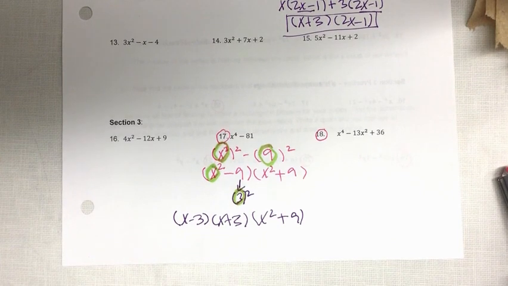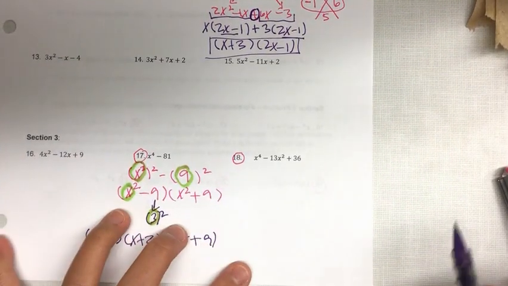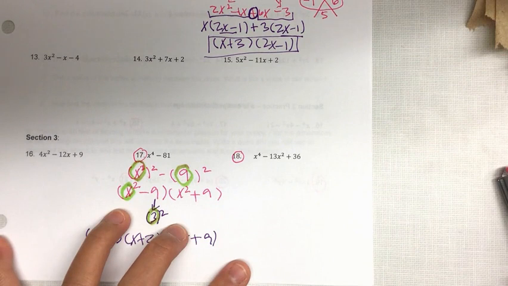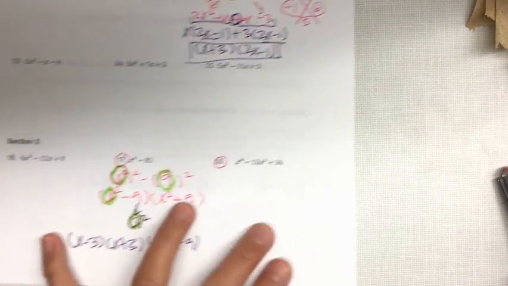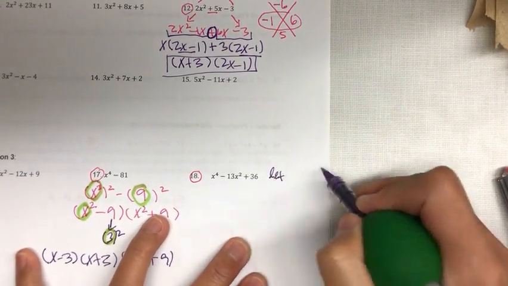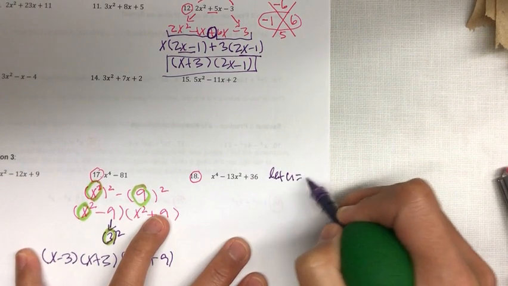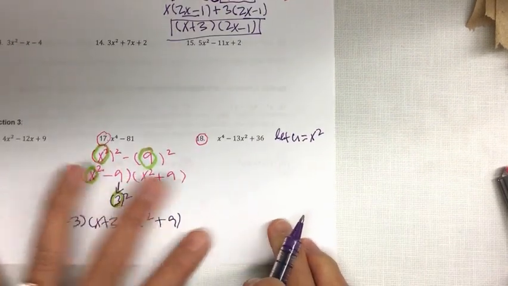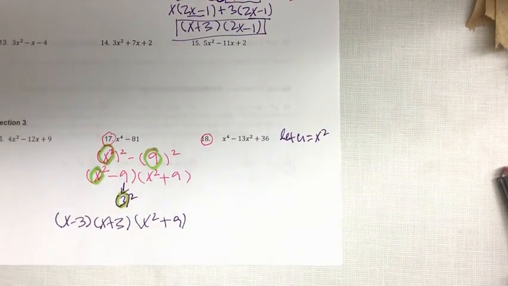On number 18, would this be a shortcut? You're like, I don't like this right here. Wait. Okay, y'all ready? I'm going to use some pre-calc concept. Let u equal x squared. I'm just letting it be whatever variable you want.